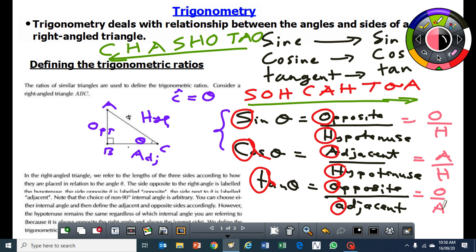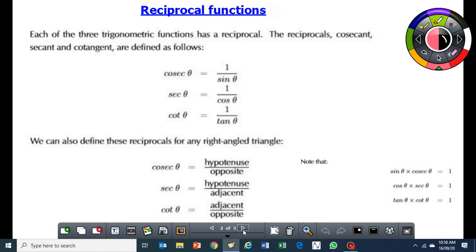So if you have, say, 1 over sine theta, it's a reciprocal, and there's a name for that. There is also 1 over cos theta, it has a name. We have 1 over tan theta, it also has a name. I'll introduce the reciprocals when we do some examples.